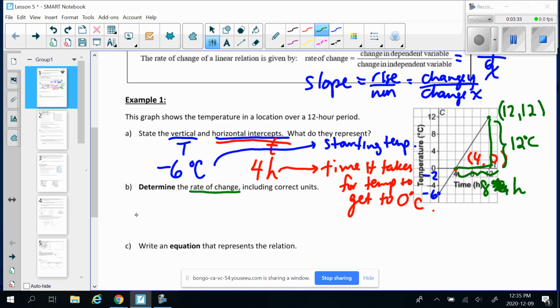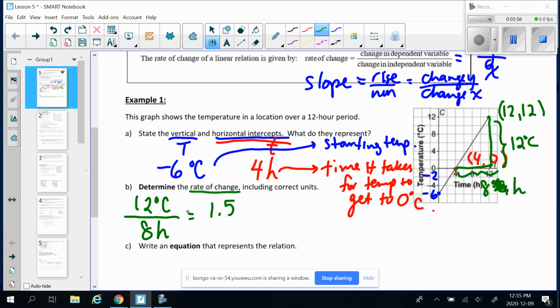So if we wanted to determine the rate of change, in other words, the slope, we're looking at 12 degrees Celsius, which is our rise, divided by our run, which is 8 hours. If you put that in your calculator, 12 divided by 8 is 1.5. Because we're talking temperature in hours, the decimal is acceptable.